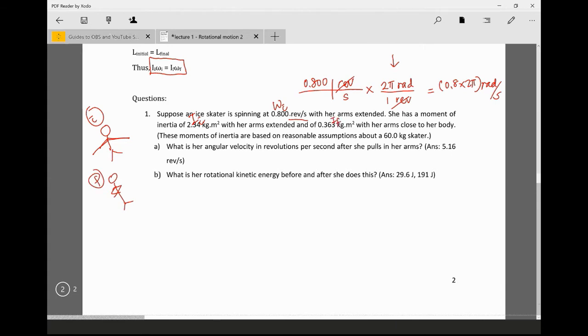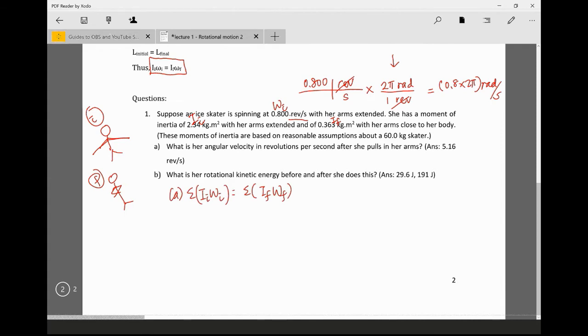What is the angular velocity in revolutions per second after she pulls in her arm? Applying conservation of angular momentum: I initial omega initial equals I final omega final.